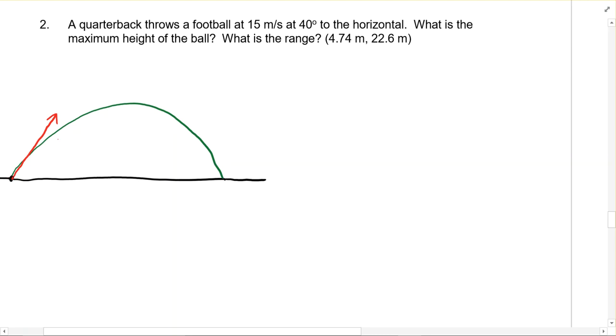All right, so it says that it was going 15 meters per second at 40 degrees. What is the maximum height of the ball? So we're looking for this. In these ones, what we need to do is split this up into its x and y components.